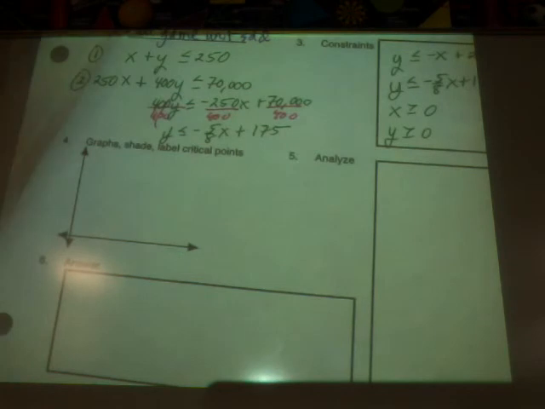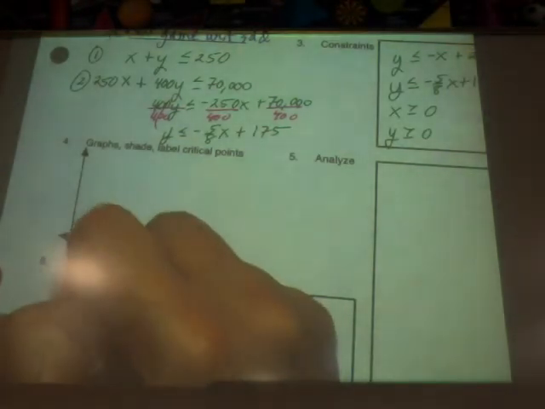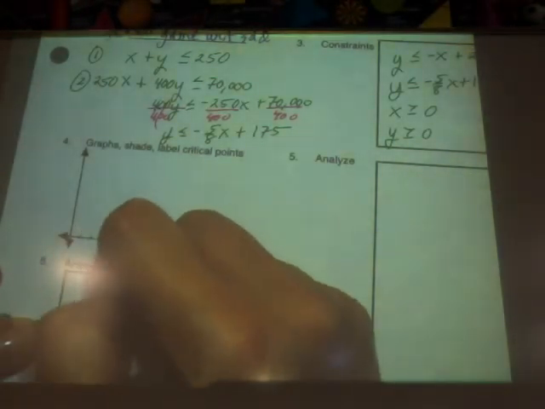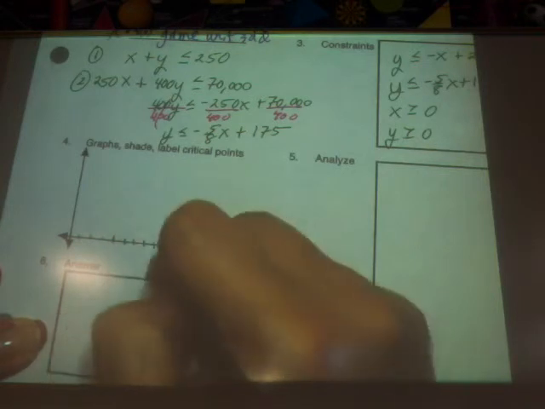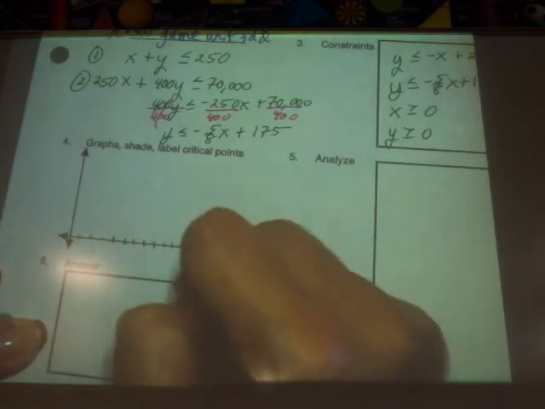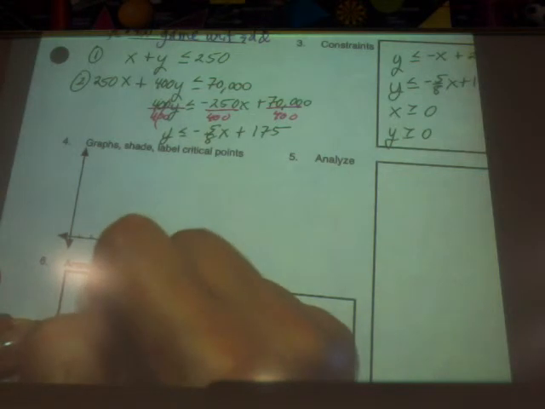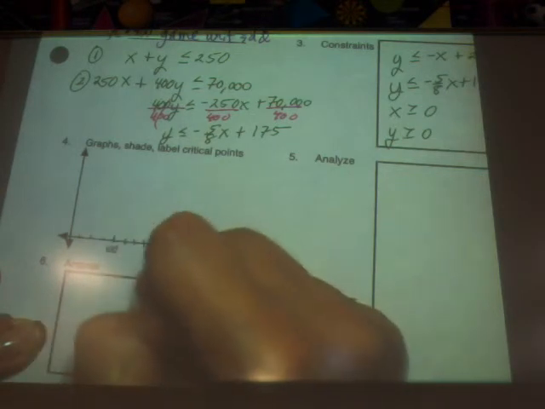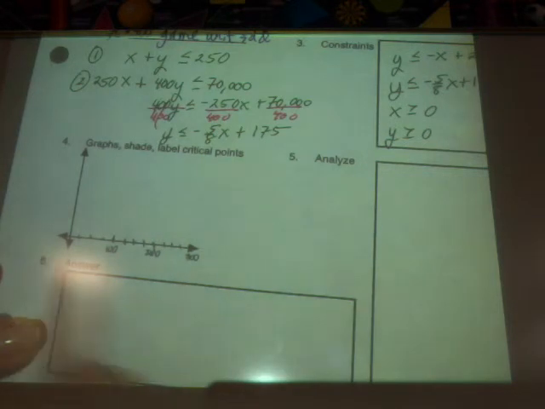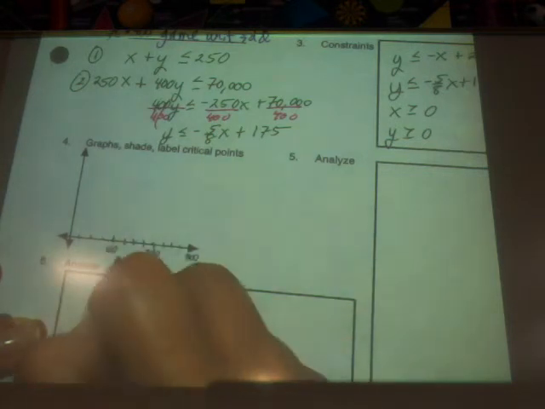So let's do our best. I know it's not on graph paper, so it's going to be somewhat difficult, but we went out 300, right? And how many hash marks did we have? 12, because we went 4 quarters, right? So this is 300. 200. So remember, the x-axis represents the $250 units.